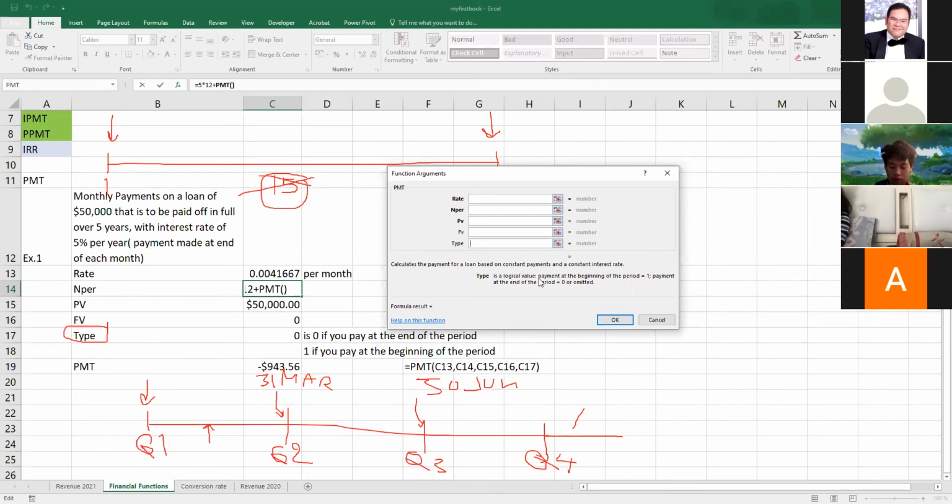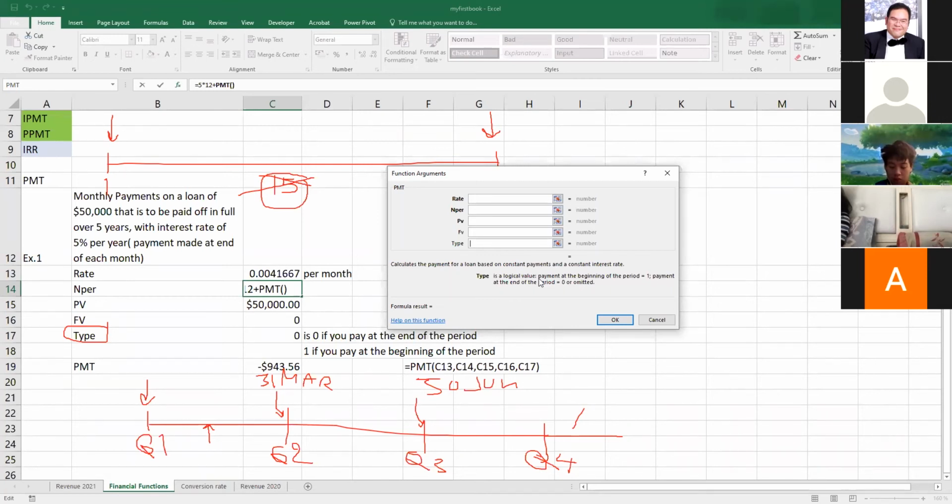So why do you have to consider the type of payment? The reason is because the amount of the interest will be different. If you pay at the beginning of the period, for example, you borrow the money from the bank on the 1st of May and you say, okay, you would like to pay at the beginning of the period.